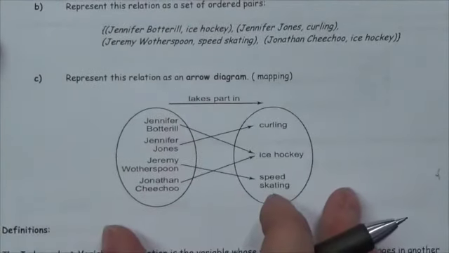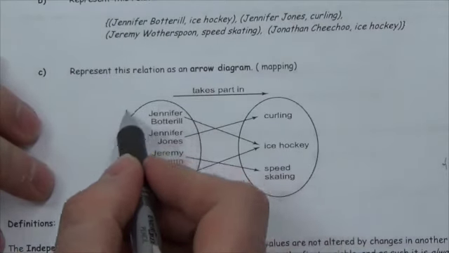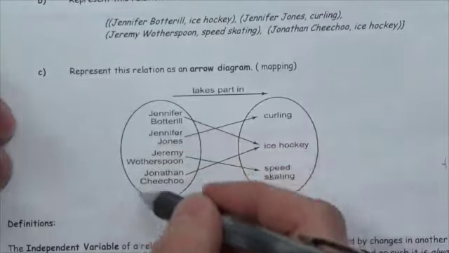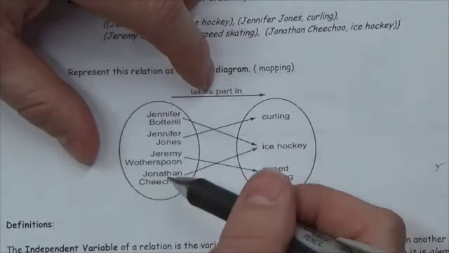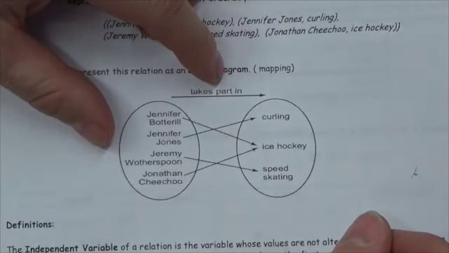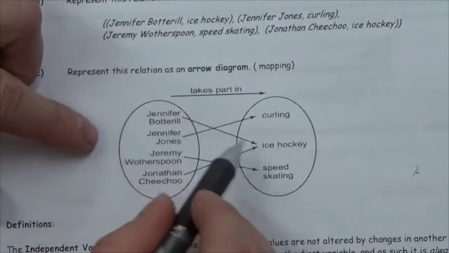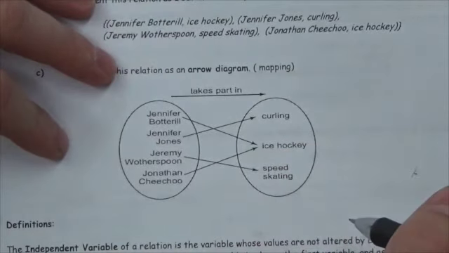Now here's the arrow diagram that I was talking about before, where we draw a circle around this. This is the set of all of the athletes. This right here is the set of their sports. Then we draw arrows connecting the members of this set to the members of this set over here.